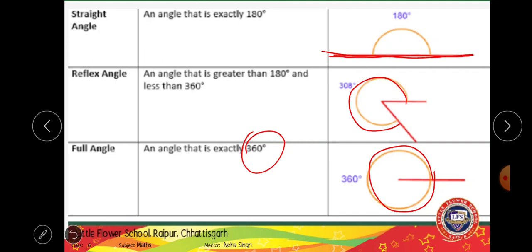Reflex angle is greater than 180 degree but less than 360 degree, right? Now coming to full angle, what will it be? The angle which is exactly 360 degrees is termed as full angle, right? So now after learning about all these angles, we'll move on to the exercise questions.